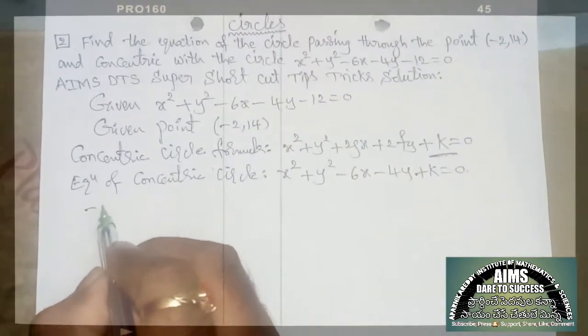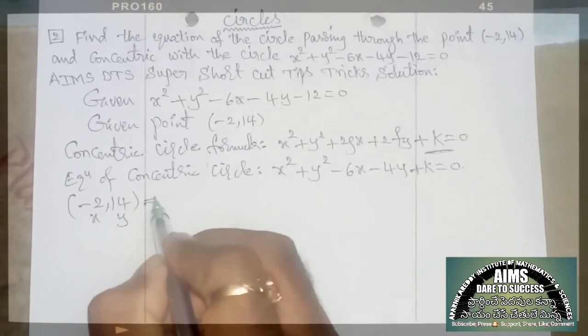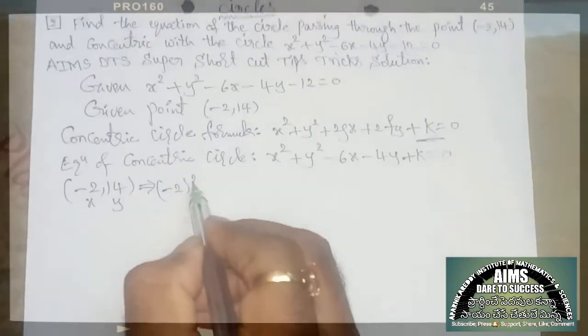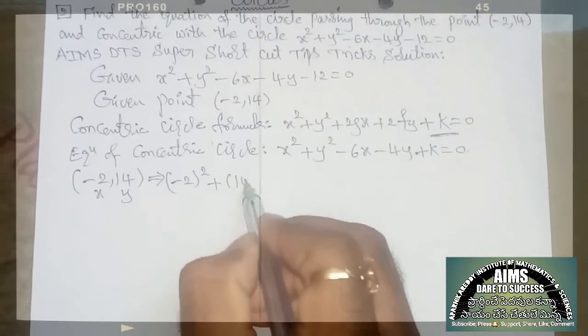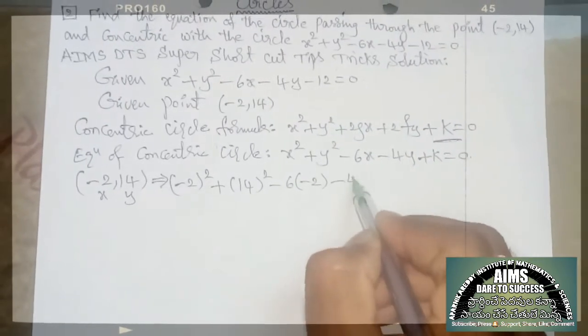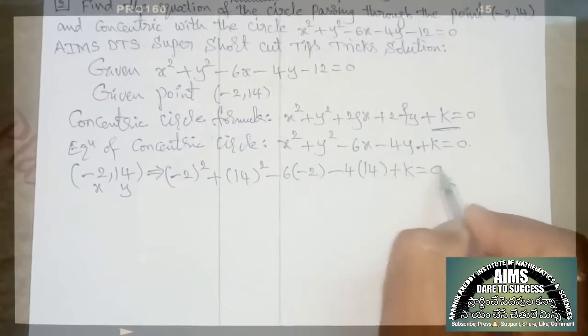And the point passing through, (minus 2, 14), is x comma y. Substituting here we get minus 2 whole square plus 14 whole square minus 6 into the x value minus 2 minus 4 into the y value 14 plus k equal to 0.